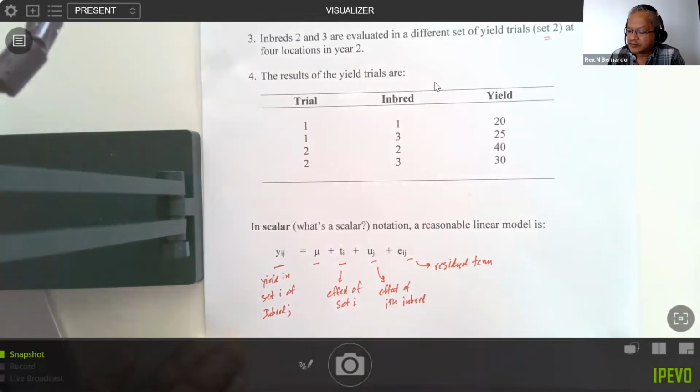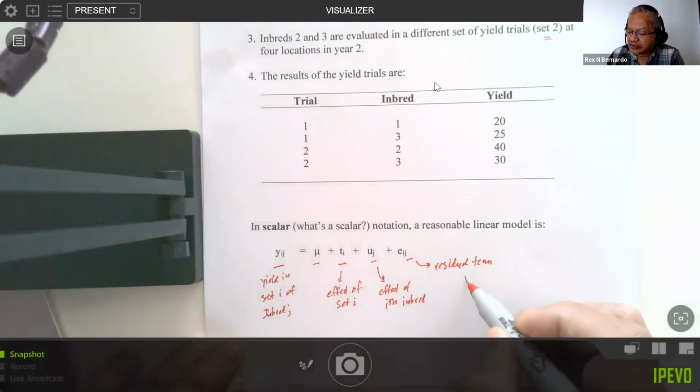In this case, because the individual observations are the means across environments or across locations, there is no explicit genotype by environment interaction term.